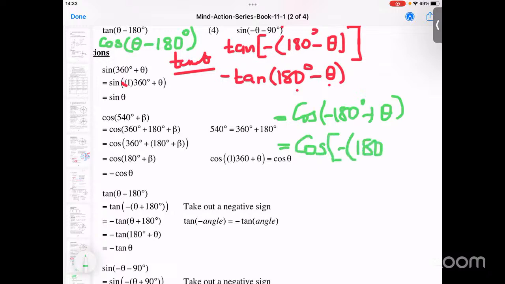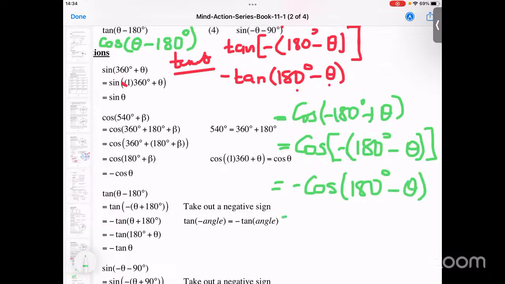Even though I did not want you to approach it this way, it's fine. Let's continue. Then it would be negative cos of 180 plus theta. Did you say plus or minus theta? Minus theta. Okay, it's fine.